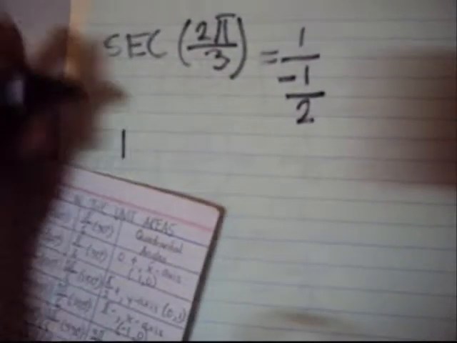It's negative, so it will be 1 over negative 1/2. And again, we'll multiply by the reciprocal. It will be 1 times negative 2 over 1.